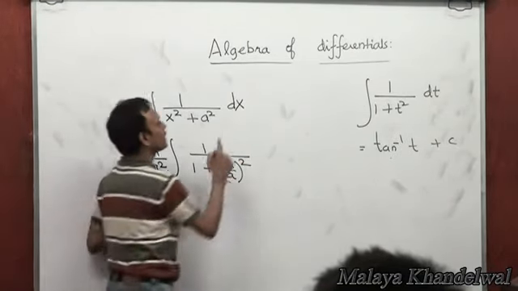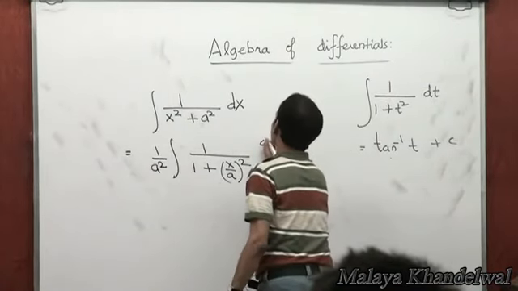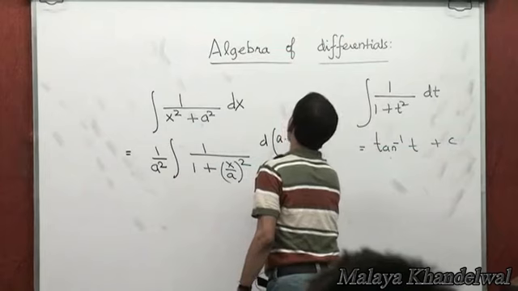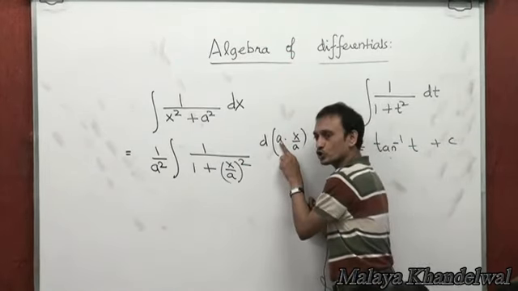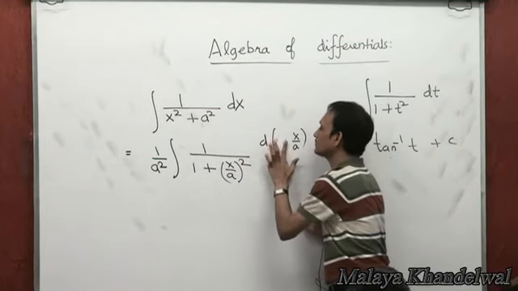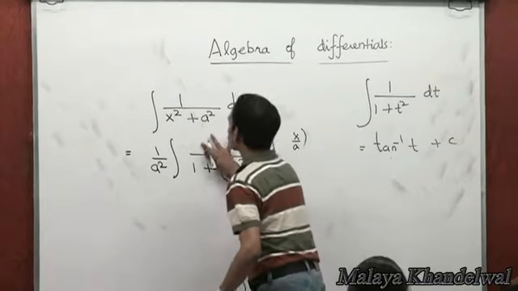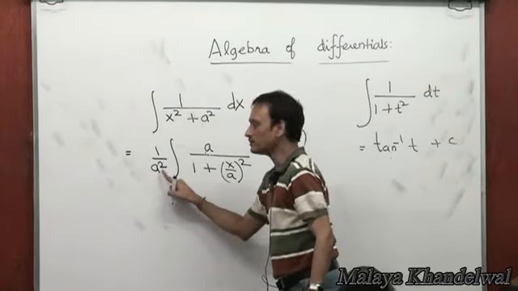Yes or no? Right? And then this dx was written as d of a into x by a. When this a was a constant, property of differentials, this came out of the d sign. This became 1 by a then.